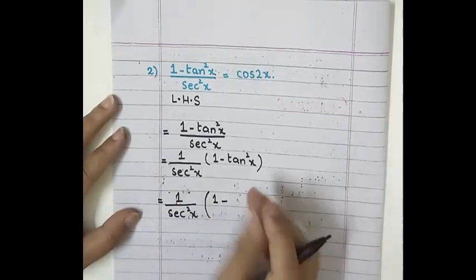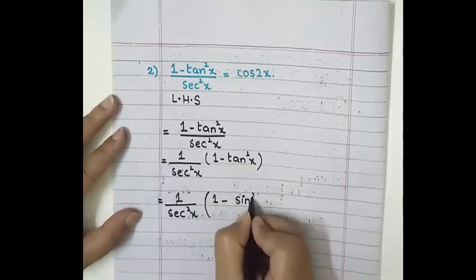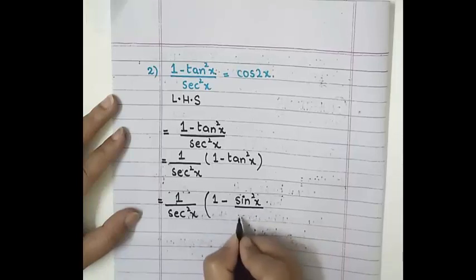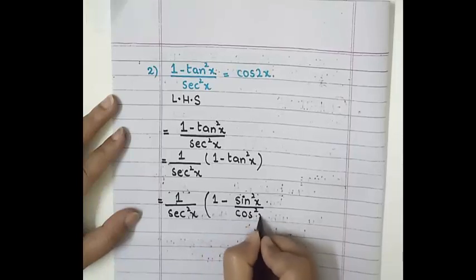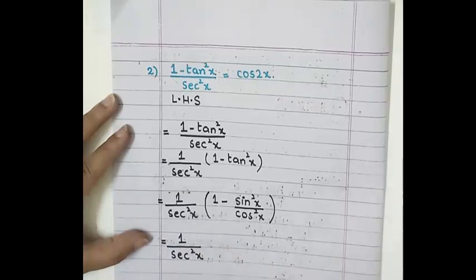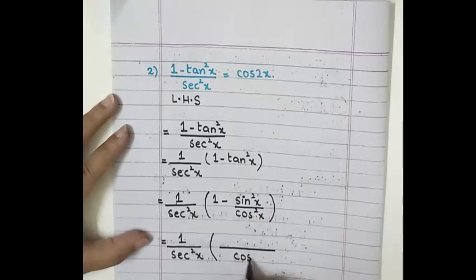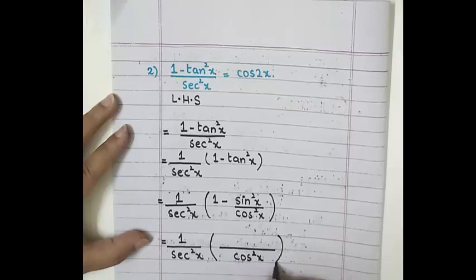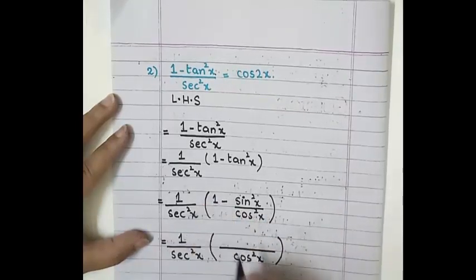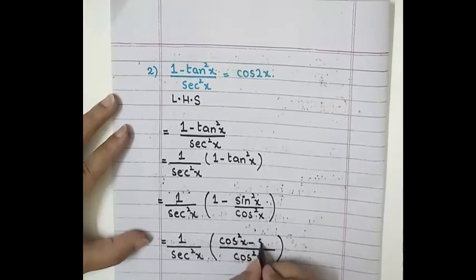1 minus tan square x can be written as sin square x over cos square x. Next, this is 1 over secant square x, and taking the LCM of this term, the LCM is cos square x, and this is cos square x minus sin square x.